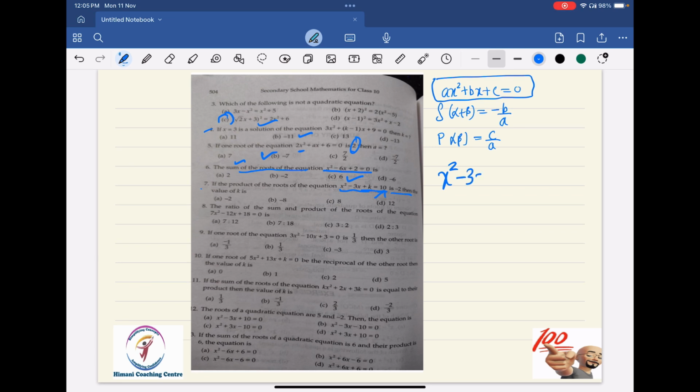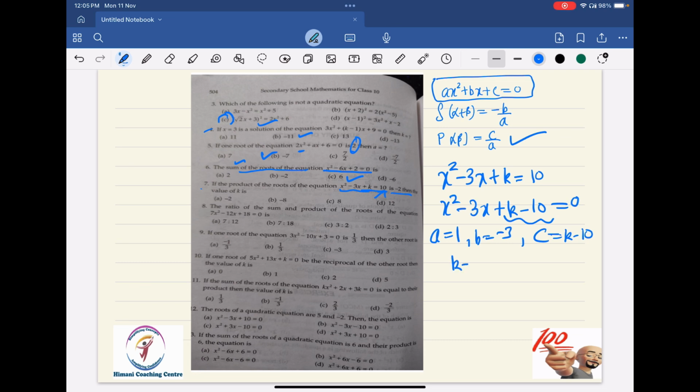So let's do that. This is a trick kind of question, so without looking at the complete question, we should not jump and solve it. So this is actually x square minus 3x plus k minus 10 equals 0. For our understanding, a is 1, b is minus 3, not required for this question, and c is k minus 10. Okay, so now c is k minus 10 is important. And what is the product of the roots of a quadratic equation? It is c upon a.